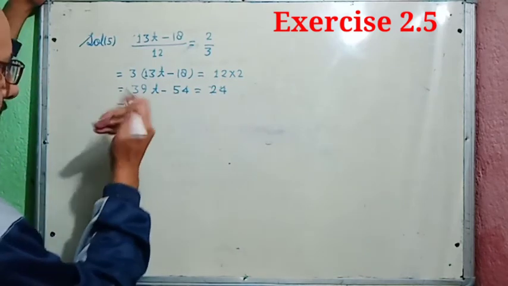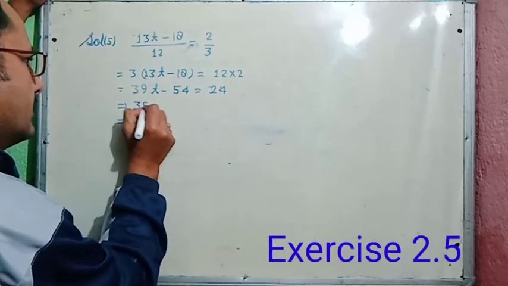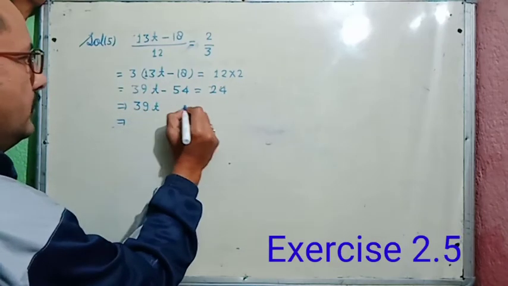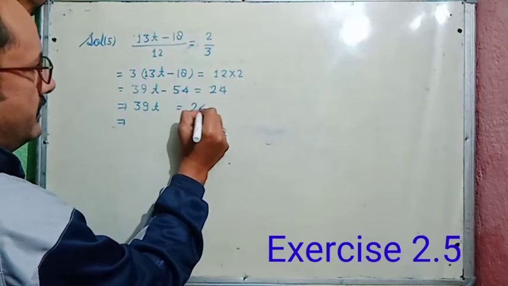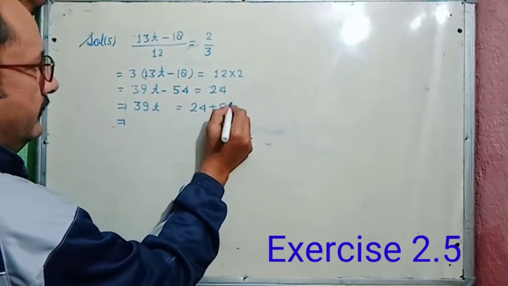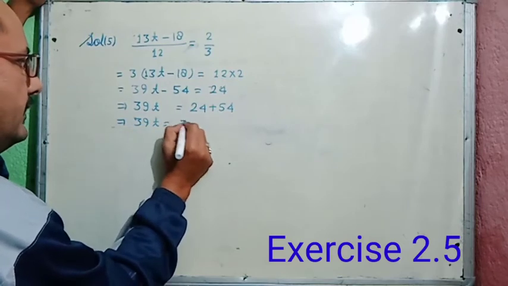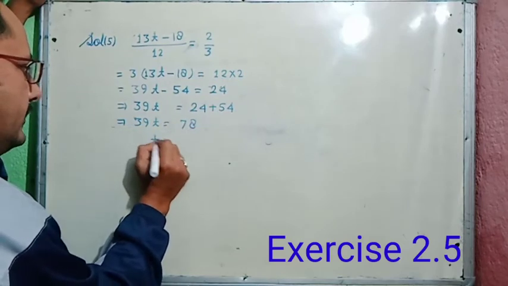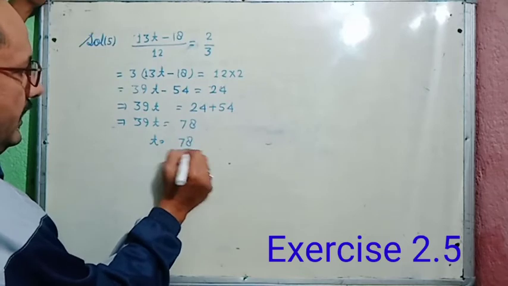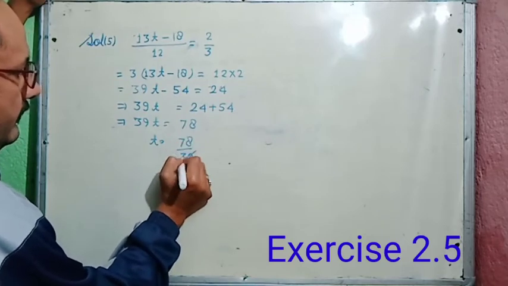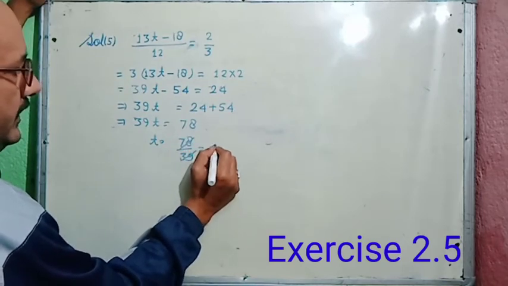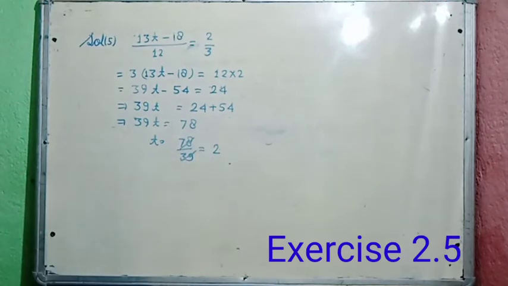Now you can transpose this 54 to RHS like this. 39t is equals to 78 and t is equals to 78 upon 39. 39 2 जा 78 and t equals 2 is the required solution for this given linear equation, right?